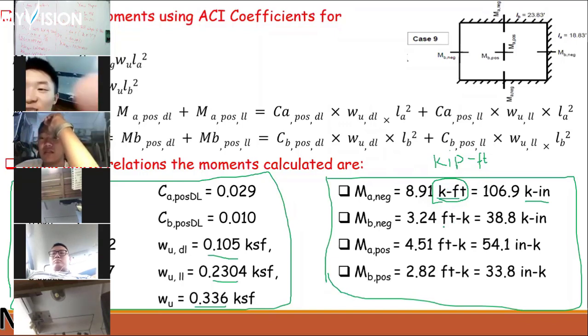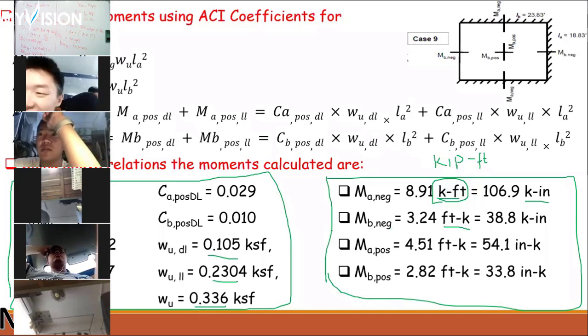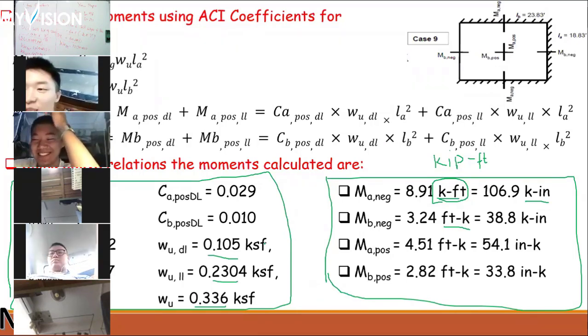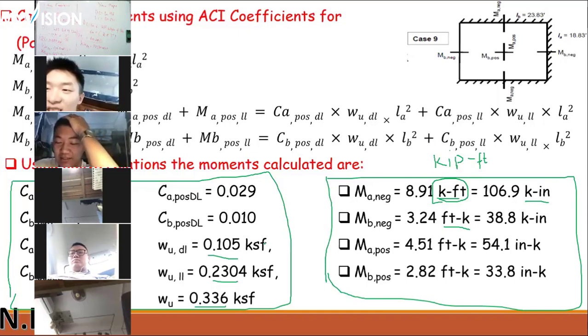Kip feet unit or feet kip is the same thing. It is just like Mr. Dragon and Dragon Mr. The name is the same. Do you have any other question?